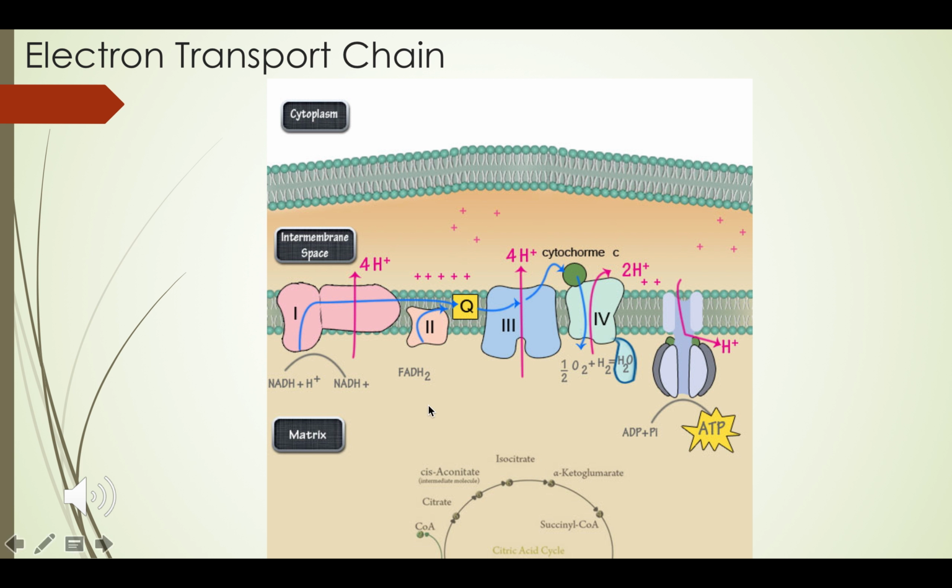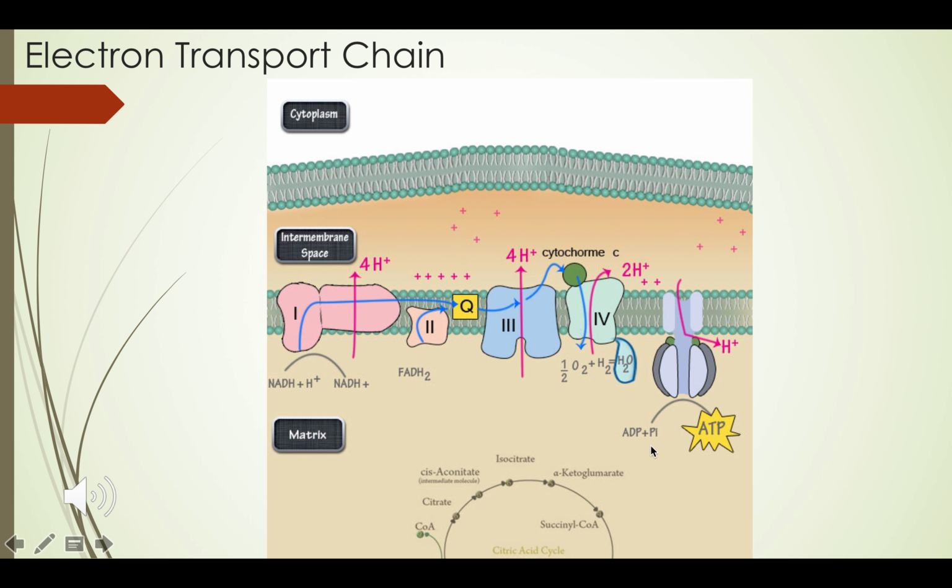Looking at the diagram here, you can see that electrons are passing from complex to complex, and you can see that by following the blue arrows. And it's powering the movement of hydrogen atoms, which you can see represented by the pink arrows, and they're going into the inner membrane space. Using the NADH and FADH2 created from the citric acid cycle, electrons are donated to the transport chain.